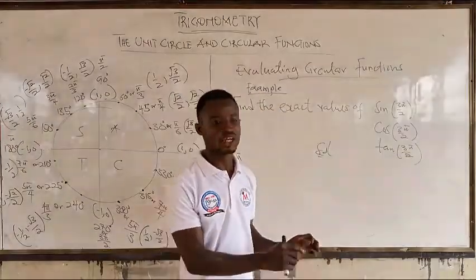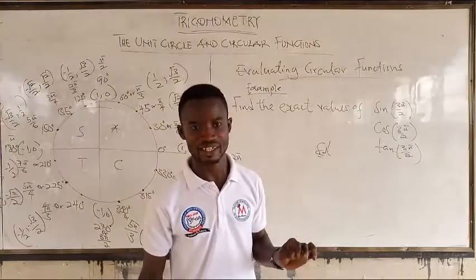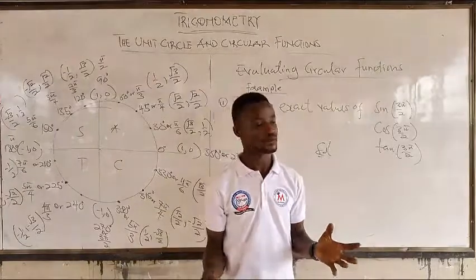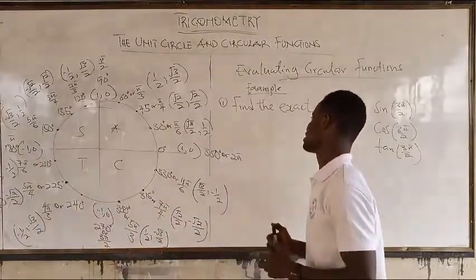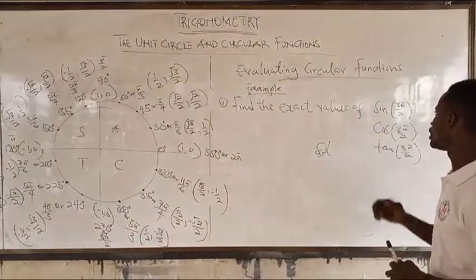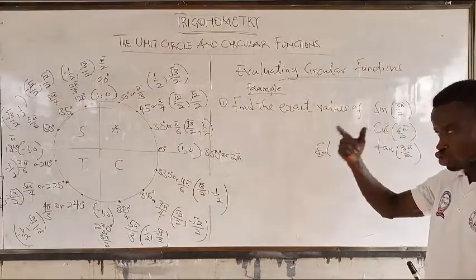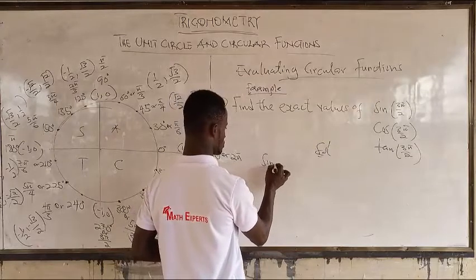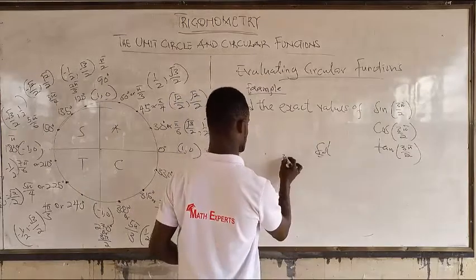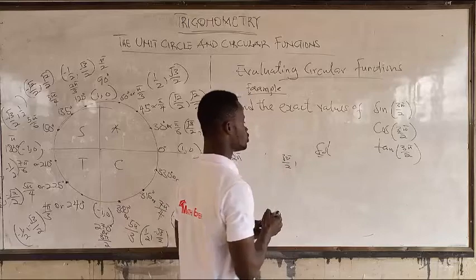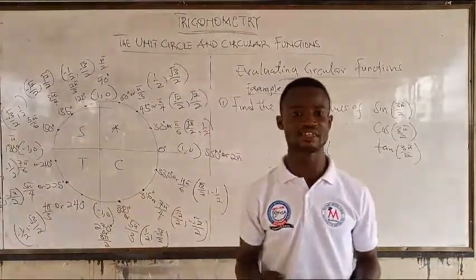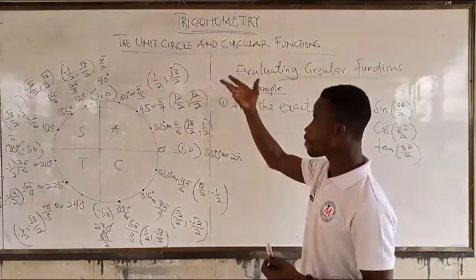So the angle of 3 pi over 2 radians intersects the unit circle at a certain point.